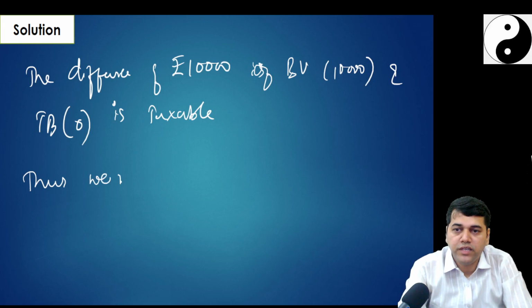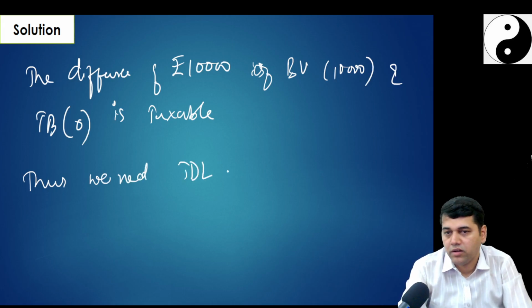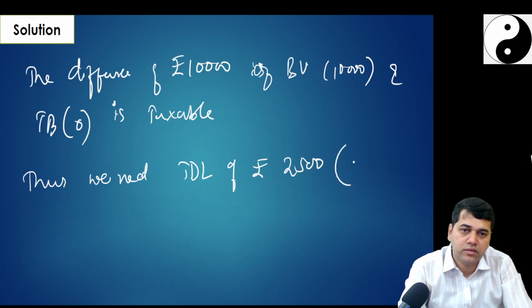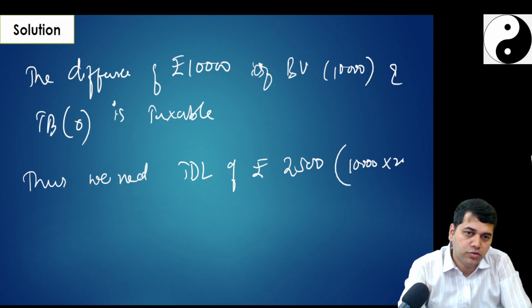Thus, we need a DTL, deferred tax liability, of rupees 2,500, which is 10,000 into 25%.